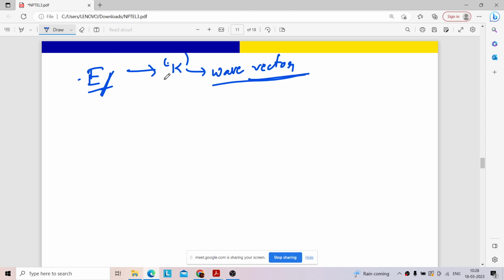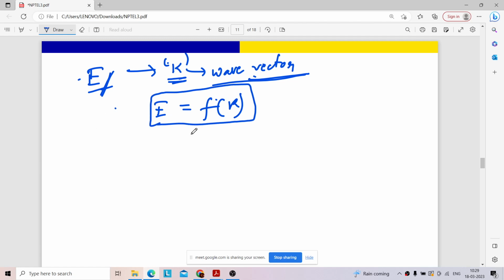So I'm taking my energy space to k space, from energy space to wave vector space. So I have to find some relation between E and k. This kind of relation is called the dispersion relation. The relation between E and k is called the dispersion relation.